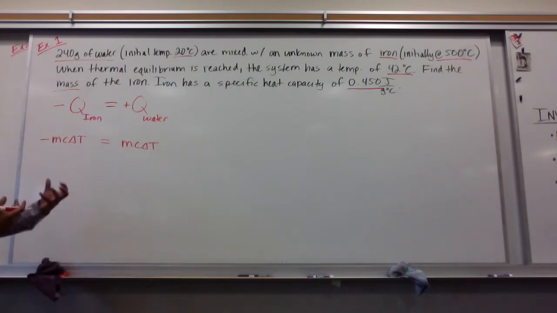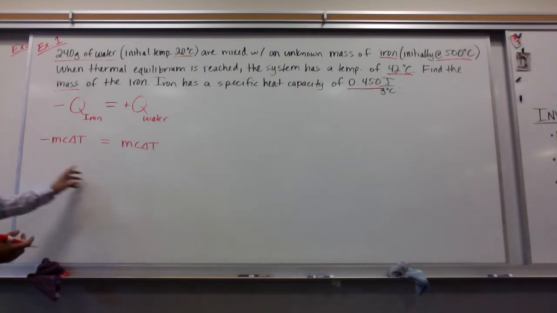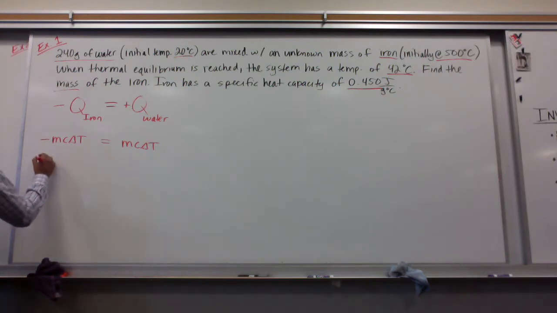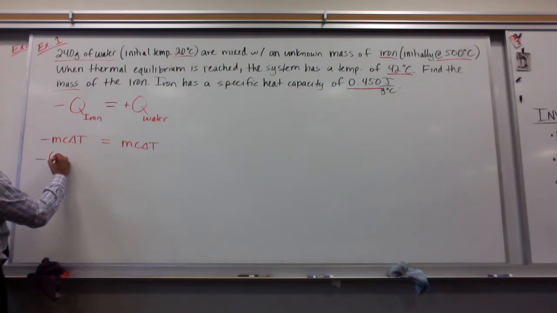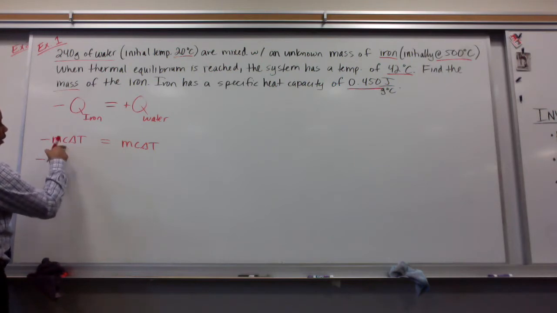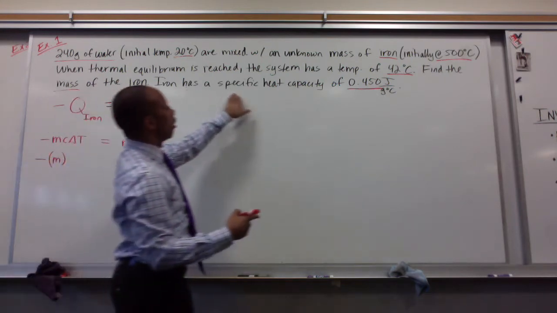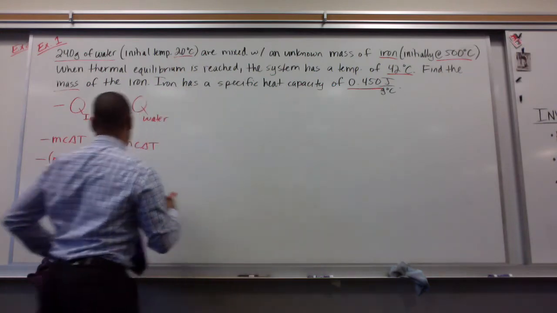Now we fill in our values. We want to know what the mass of the iron was, but let's fill in everything else before we do that. So we have negative, the mass of iron is unknown. Specific heat of iron is 0.450.